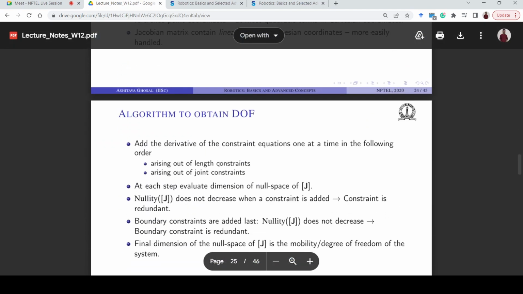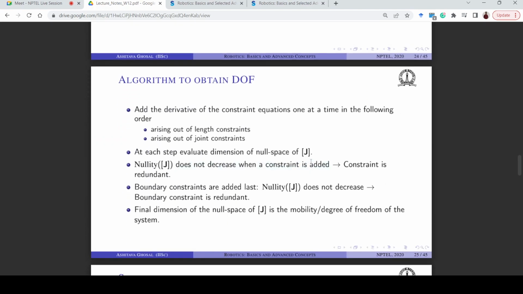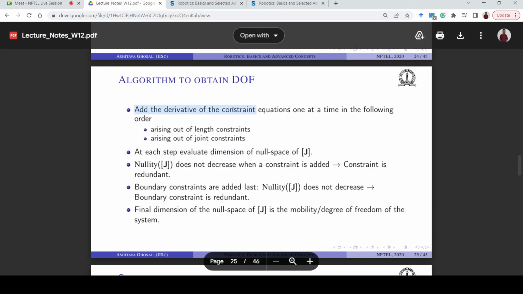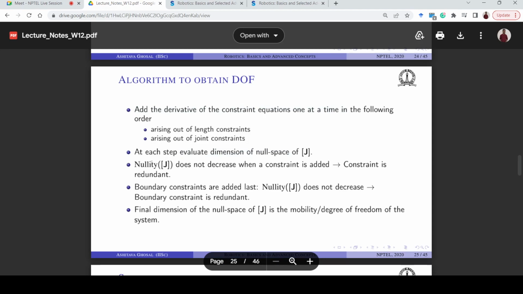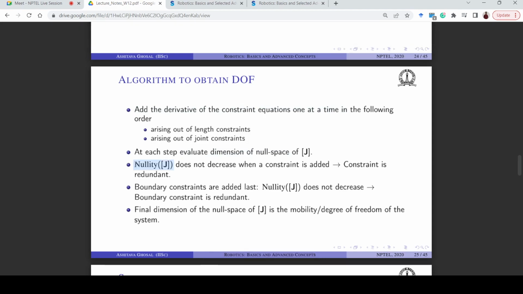Then again there is a discussion about how to proceed in case of multiple constraints. At each step you keep adding one of the constraints and you keep reevaluating the Jacobian. For whichever constraint the nullity of J does not change even after adding it to your constraint vector, that particular constraint is redundant.